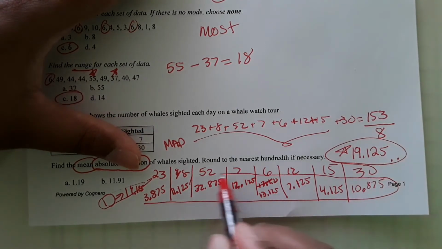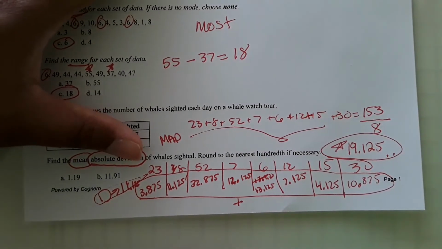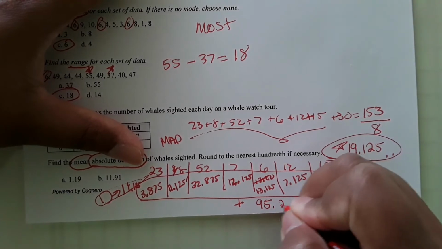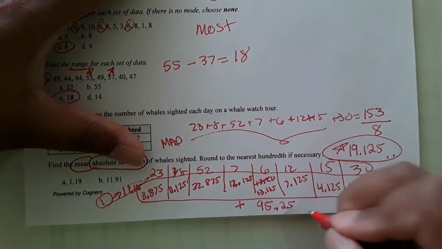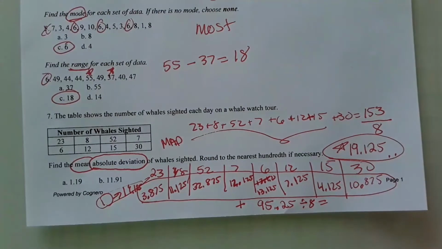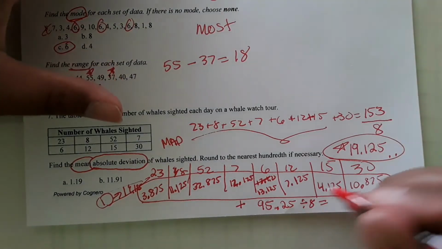So you take all of these and you would have added them together. After you add them together, you would have gotten 95 and 25 hundredths. Because there are 8 numbers, you divide it by 8 to give you the average distance each one of these numbers is from the mean.